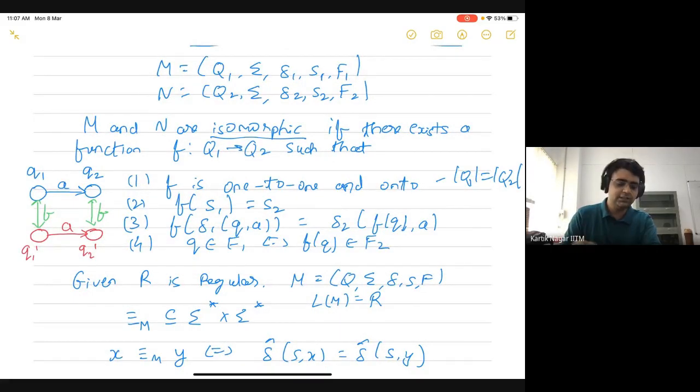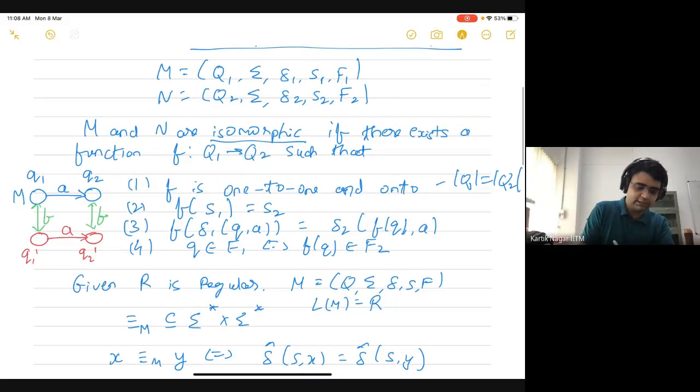If you start with some state q1 in the DFA M, and you perform the transition on the symbol a and reach the state q2, then if q1 is related by the function f to q1 prime, in the DFA N, if you consider the transition on q1 prime and the symbol a, you will also go to q2 prime, which will also be related by the function f to q2. So that's what this number 3 is saying.